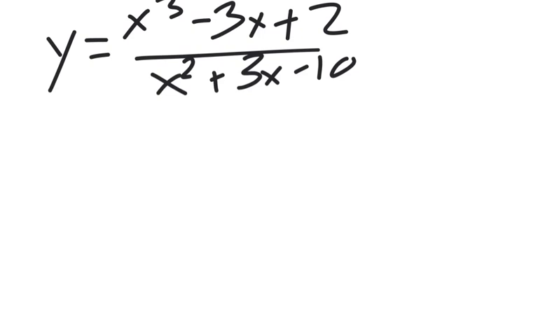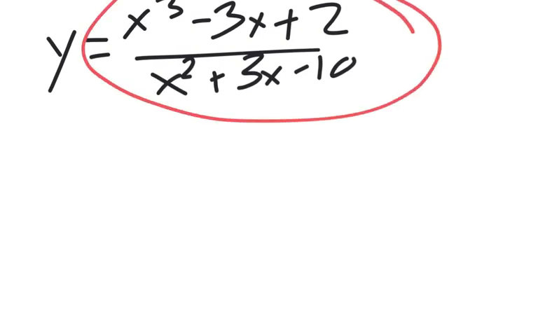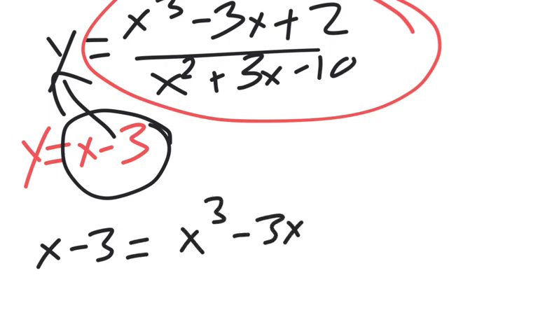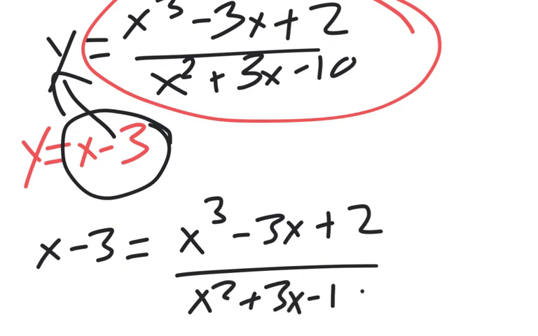And now I'm wanting to check, where does this function intersect with x minus 3? So I'm looking for where those y values are equal. So I can plug x minus 3 in for y here. Just algebraically, x minus 3 equals x cubed minus 3x plus 2 over x squared plus 3x minus 10.